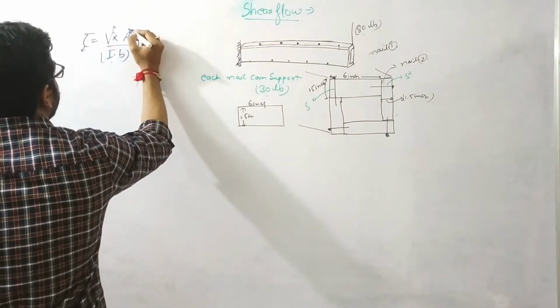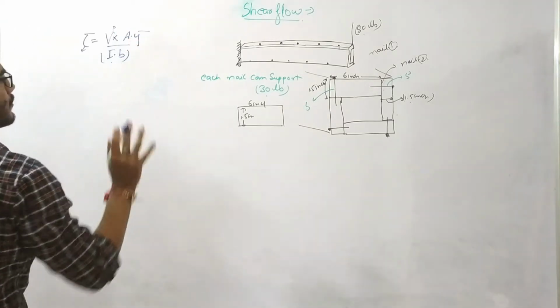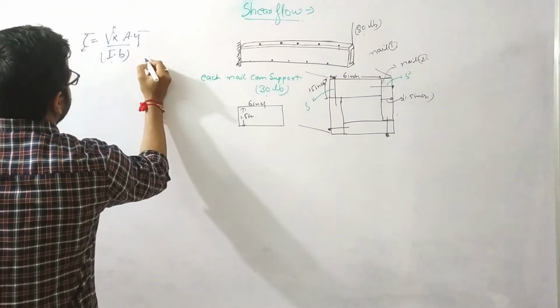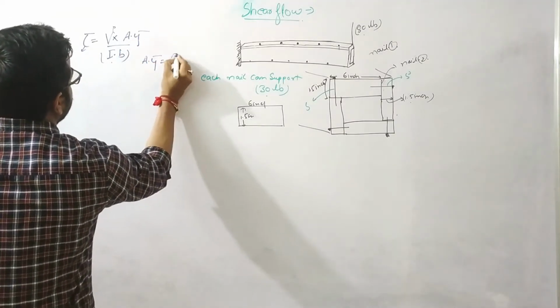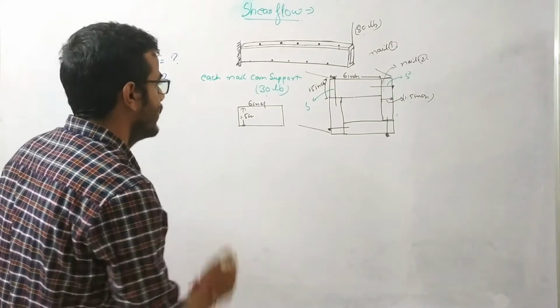V is given, A and y bar I need to calculate, I can calculate, and B is also given. So the major thing is the value of A y bar and the value of B. This is the most important thing which we will discuss over here.